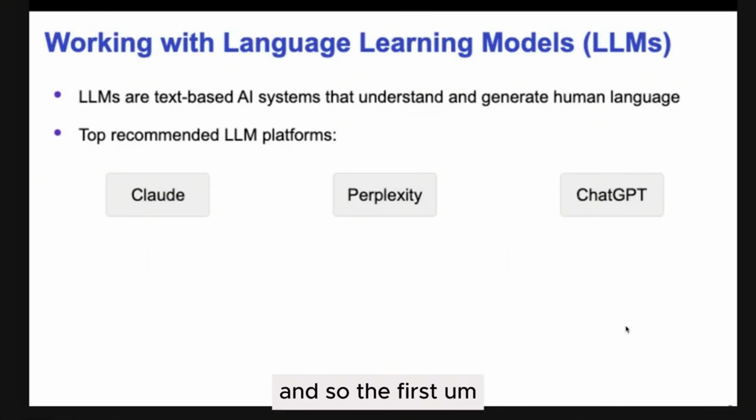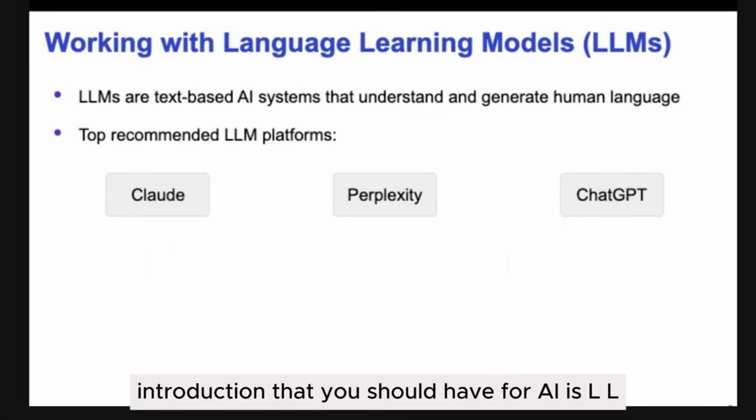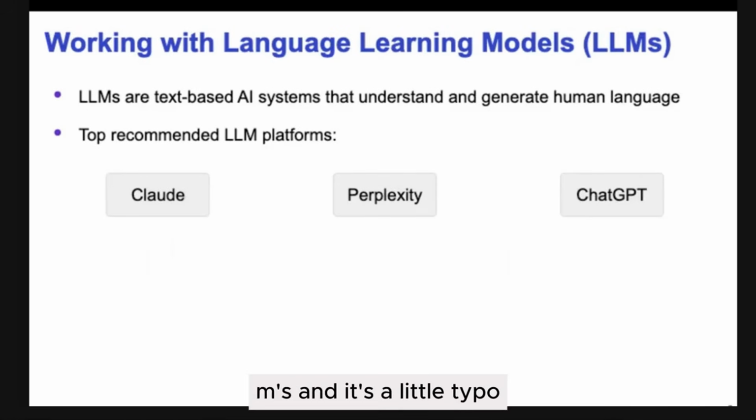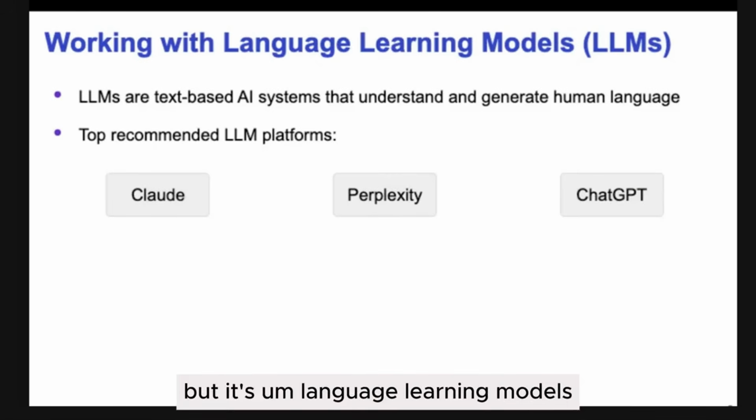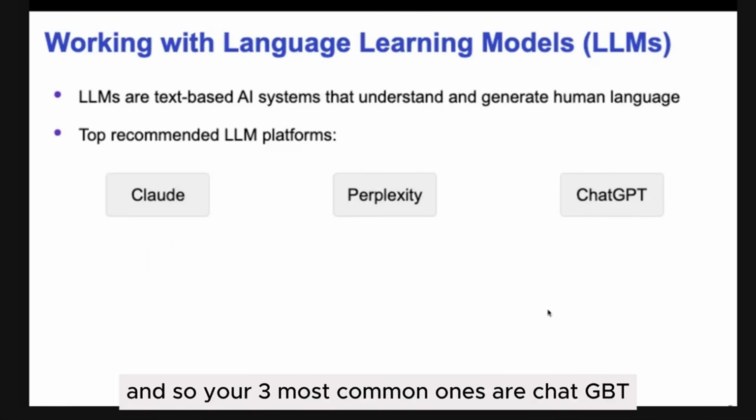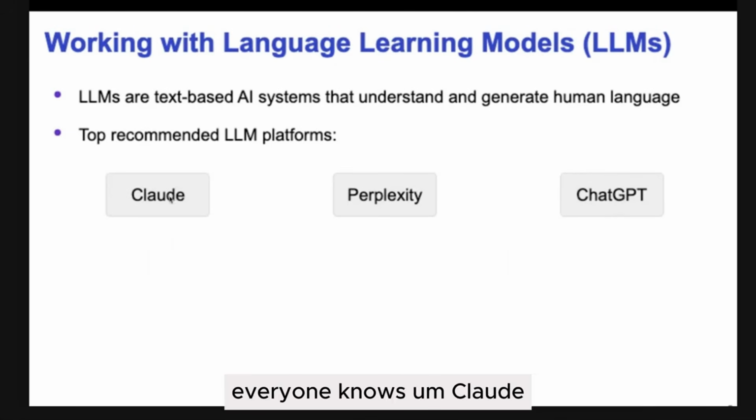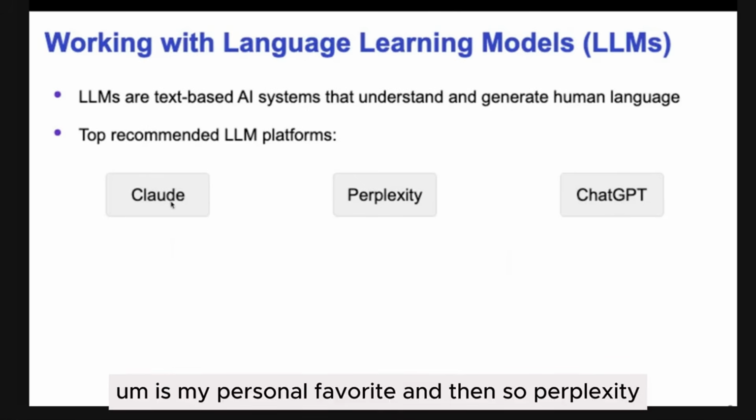And so the first introduction that you should have for AI is LLMs. And there's a little typo, but it's large language models. And so your three most common ones are ChatGPT, everyone knows, Claude is my personal favorite, and then also Perplexity.